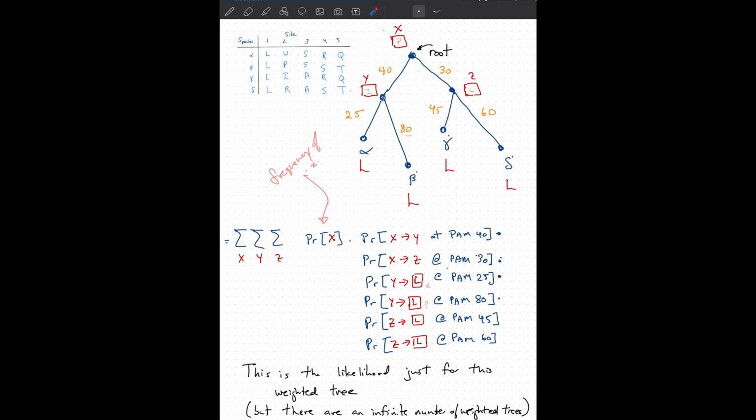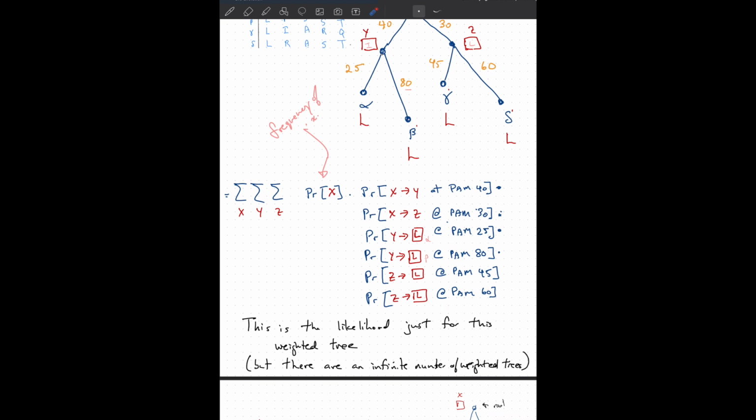What if I change 40 to 41? I'd have to recompute everything. What if I change 80 to 800 or 700 or 6? There's an uncountably infinite number of ways of just changing the weights on this one tree, never mind considering all different trees. Okay, and that's the source of massive computational challenge, right?